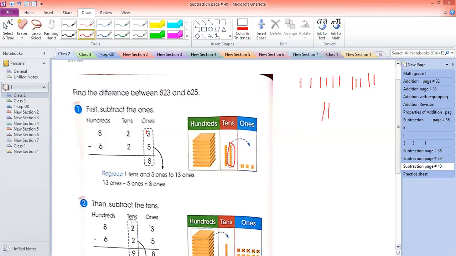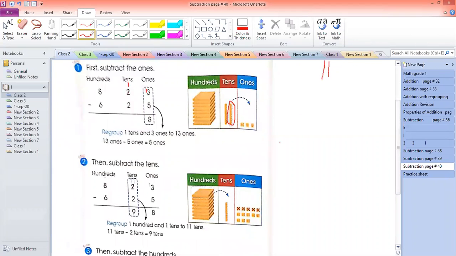So 1, 2, 3, 4 and 5. Now how many are remaining? 1, 2, 3, 4, 5, 6, 7 and 8. So I write 8. But remember, because I regrouped this tens, this is now 1. This is not 2 now. This is 1.